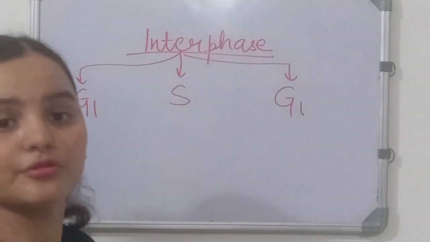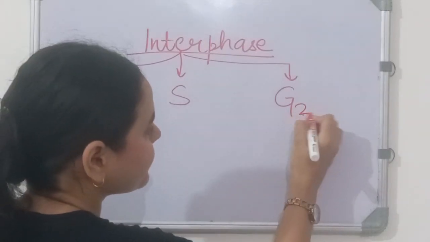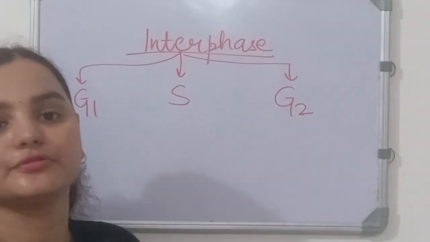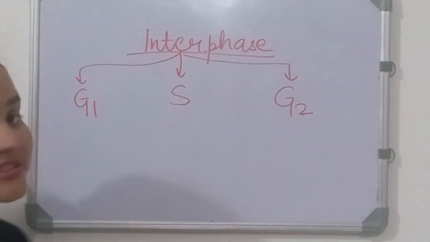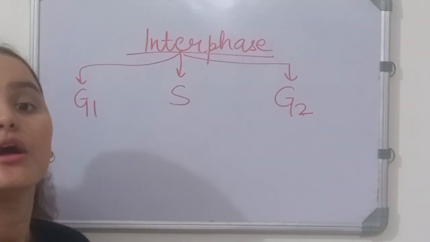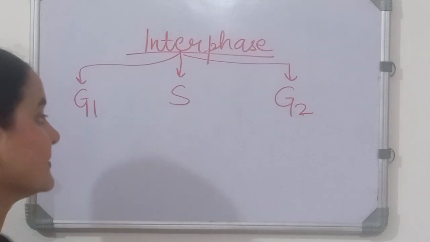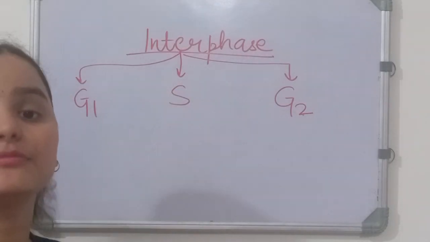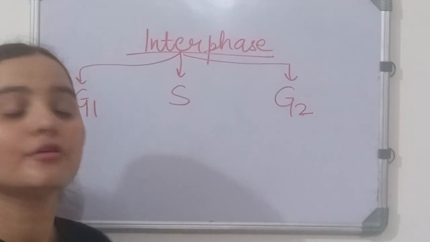G1 is the first growth phase, S is the synthesis phase and G2 is the second growth phase. Now G1 was responsible for synthesis of RNA and proteins and also for the increase of volume of cytoplasm. The S phase was responsible for synthesis of DNA and duplication of chromosome.